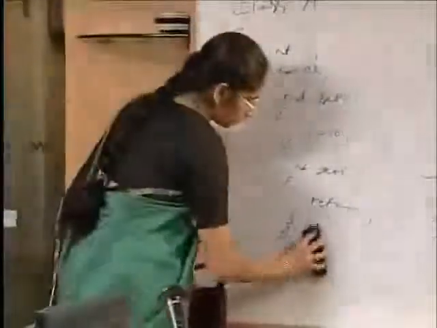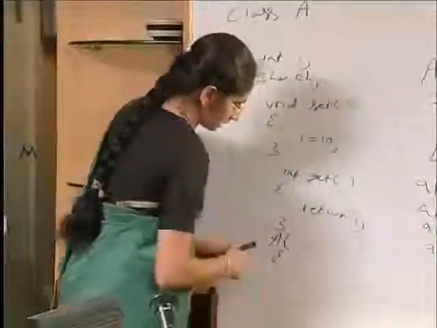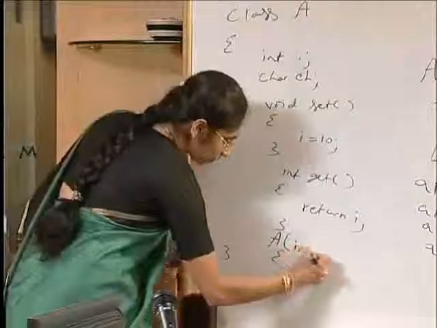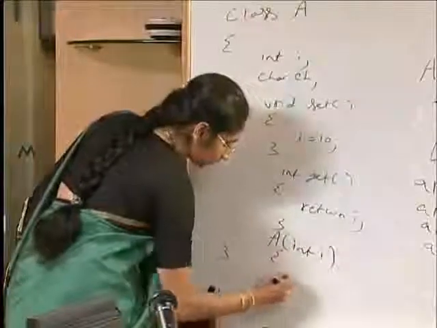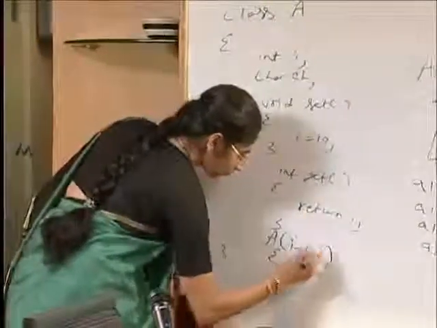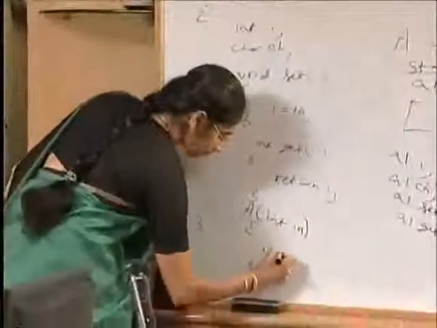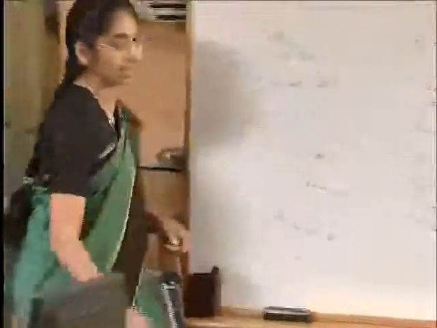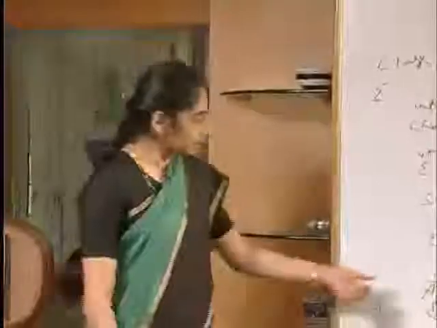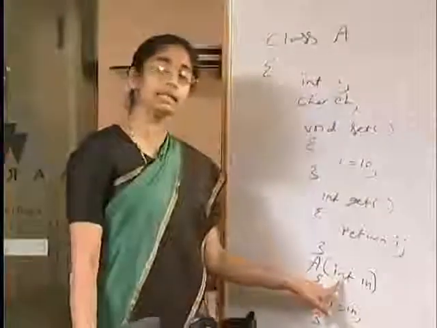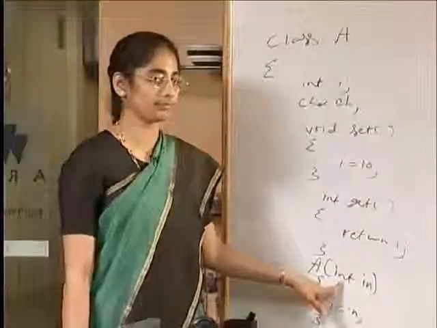You can write your own constructors in a class. You can pass parameters to those constructors. For example, we might write a constructor like this. In this case, we have a constructor which takes an int parameter, a single parameter.